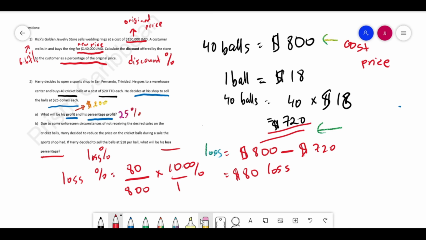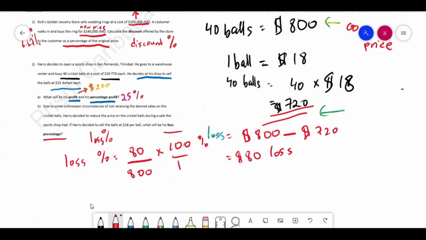I wrote this again like this. Sorry about that. Okay, that should be it. And we put this as a percentage, and so this will be equal to 10%. You got that?